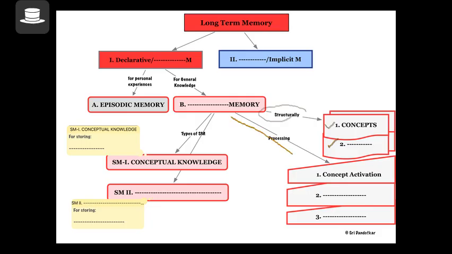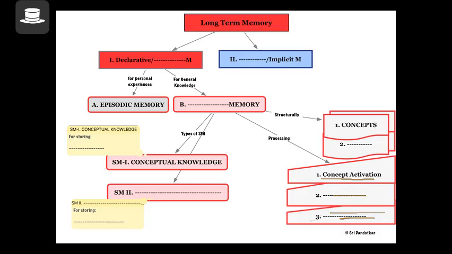And processing wise, the first thing that happens is concept activation, the second thing that happens is spread of activation, and the third thing that happens is search intersection. That's correct.